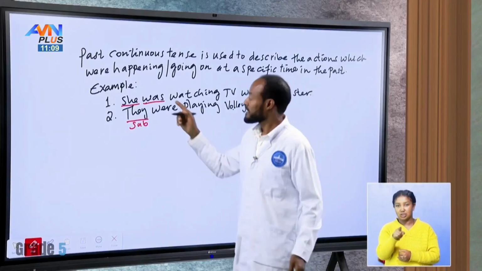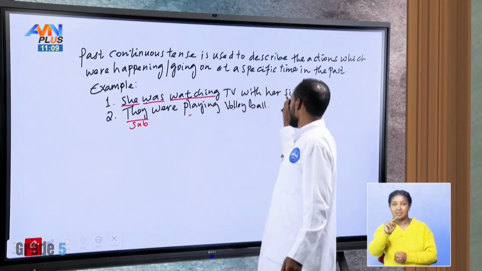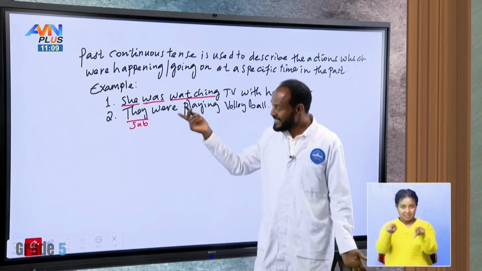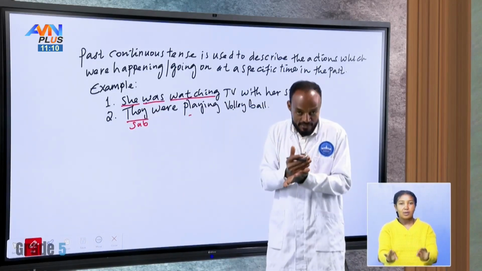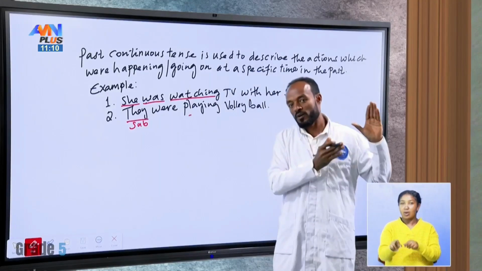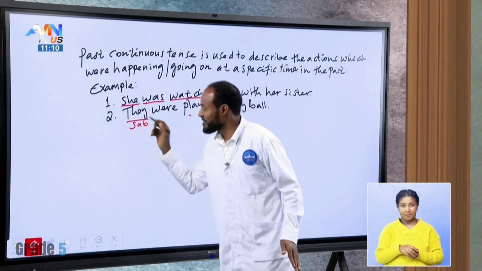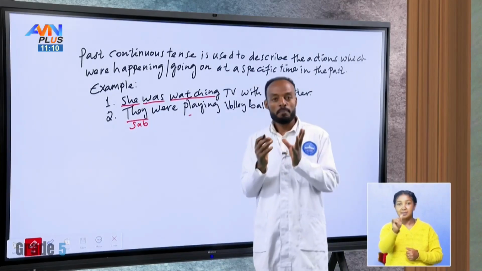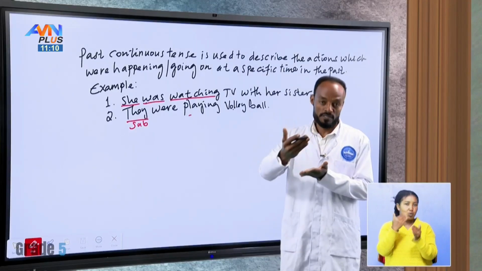Okay? So, she was watching TV with her sister. In this sentence, you can simply identify the form of positive past continuous tense, or affirmative of past continuous tense. What about they here? They is plural, okay? Two or more persons.